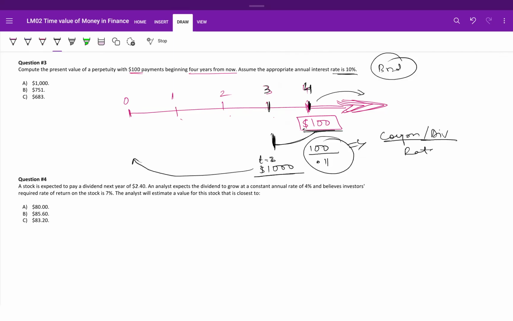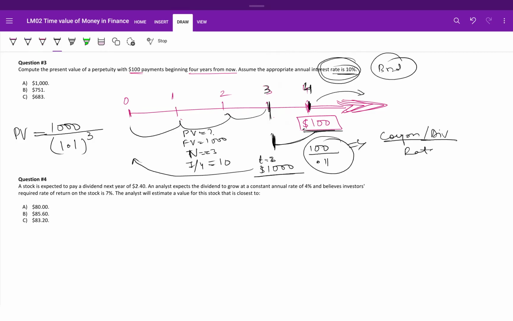So this is going to be 1,000 divided by 1.1 to the power 3, and this is going to give me the present value. This is the future value: FV is 1,000, N is 3, I/Y is my 10%, and the present value I need to calculate.